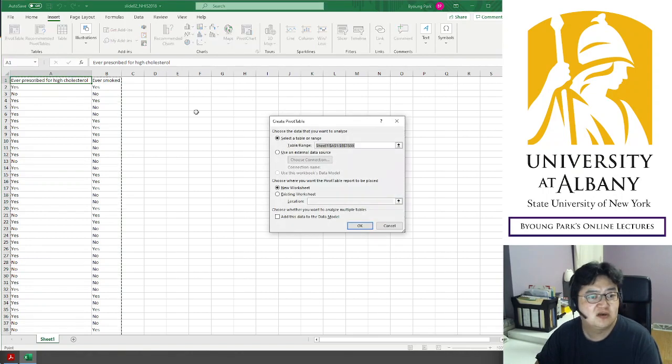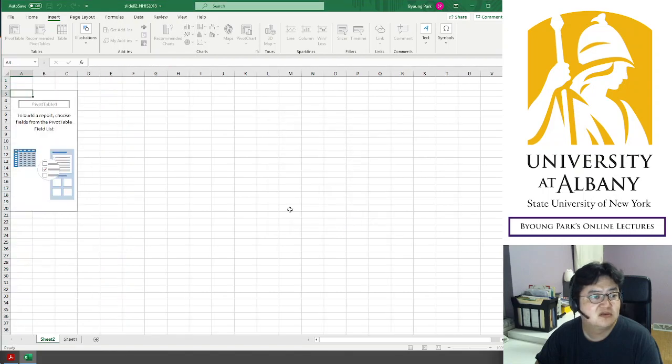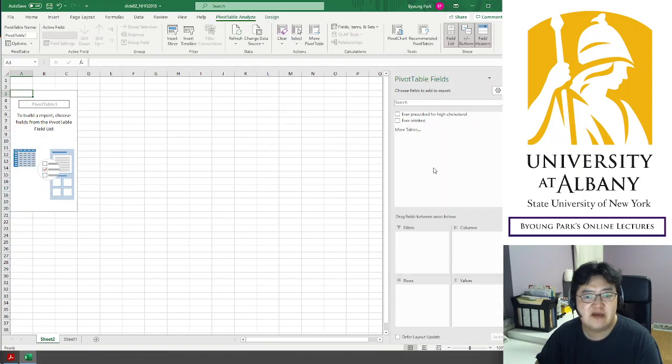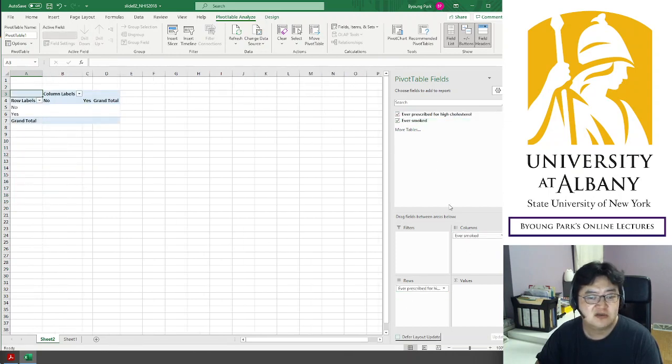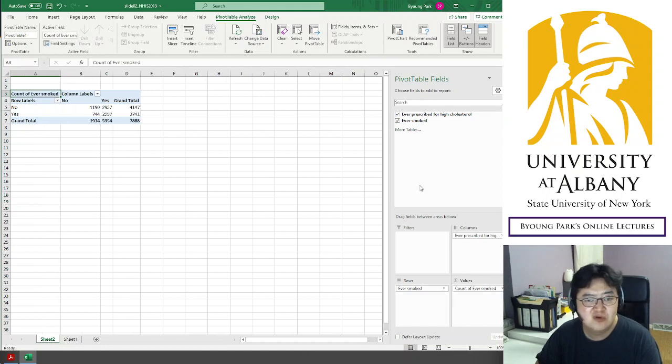So click, click, click. We have these two variables, and you can make columns defined by smoking and rows defined by cholesterol. You may change them, it does not matter, and drag anything to value. It doesn't matter whatever you use here. Then it shows a frequency distribution table.